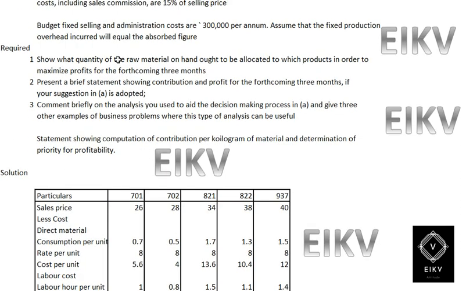Then requirement: show what quantity of raw material on hand ought to be allocated to which production in order to maximize profit for the following 3 months. Present a brief statement showing the contribution and profit for the forthcoming 3 months as per your suggestion in point 1.